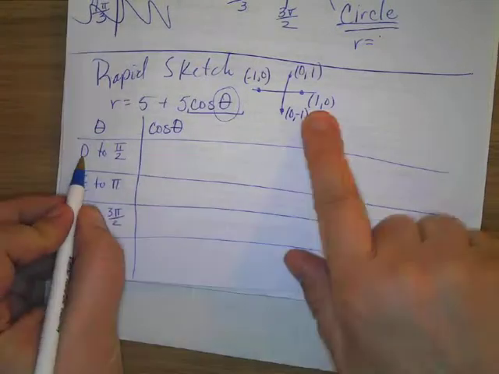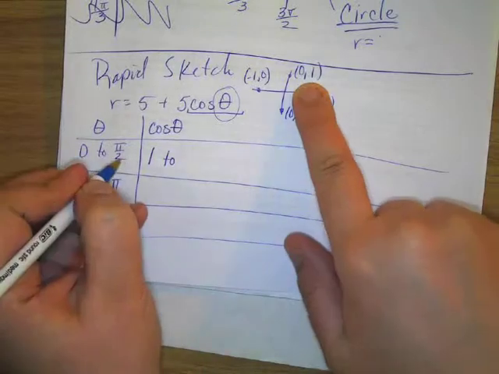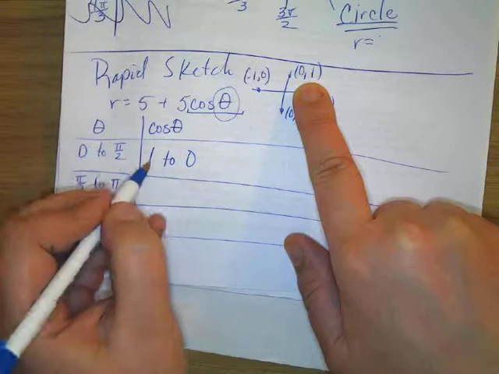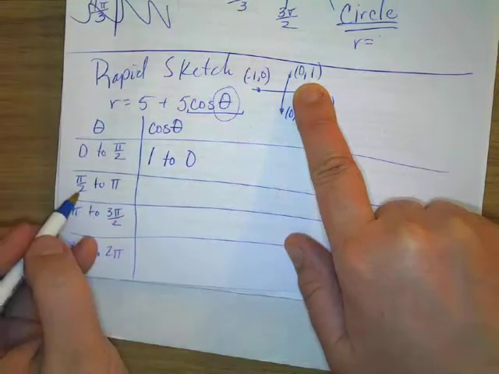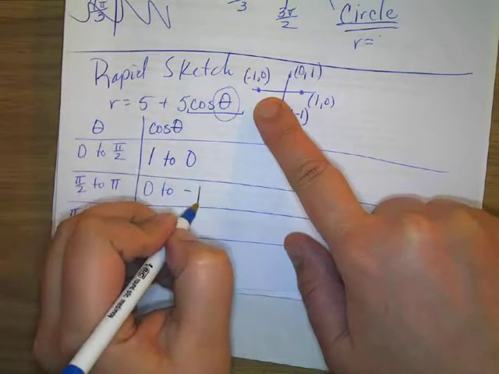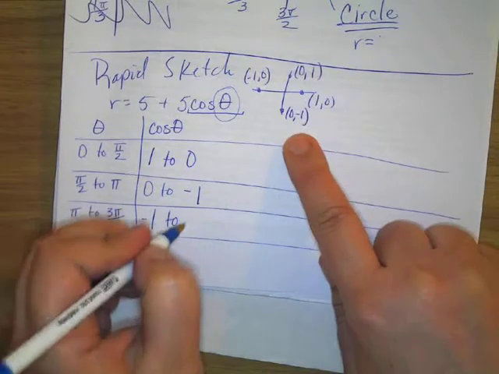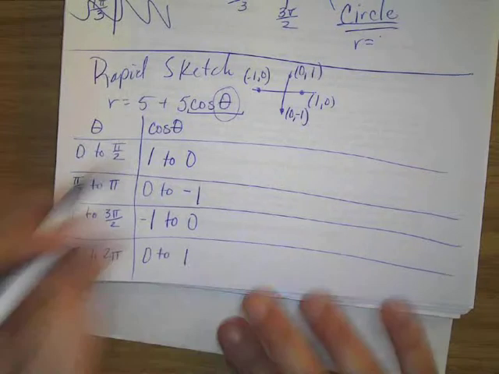What's the cosine at 0? 1. So it's going to go from 1 to, where's the cosine of pi over 2? So from here to here, it moves from 1 back to 0. And then at pi over 2, we start at 0 and go to -1. And then at pi, we're at -1, and we go to 0. And then we go from 0 back to 1.